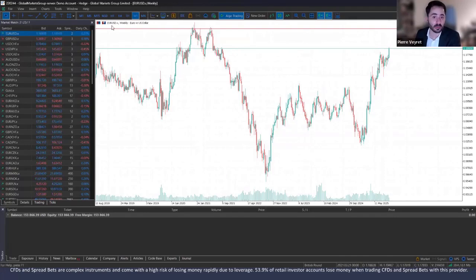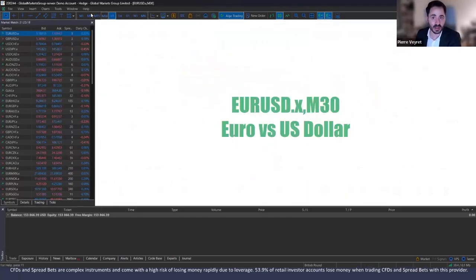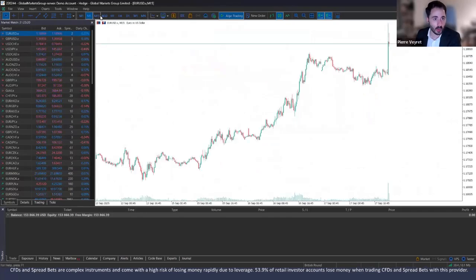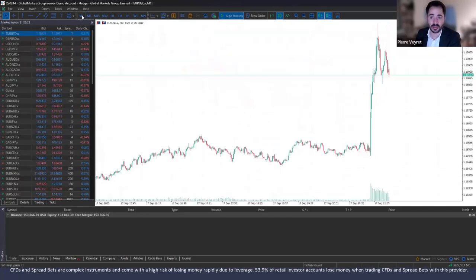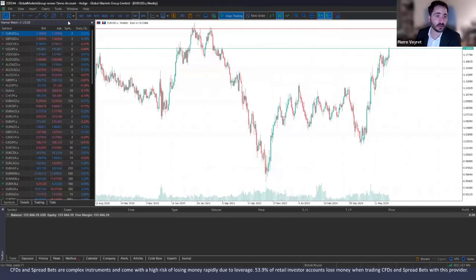It's a very long-term chart, right? So you always start on a higher time frame and then you narrow down your analysis like this. Always. Markets go with the fractals and stuff like this. So please do it the right way. Start high and then you narrow down with the time frames.